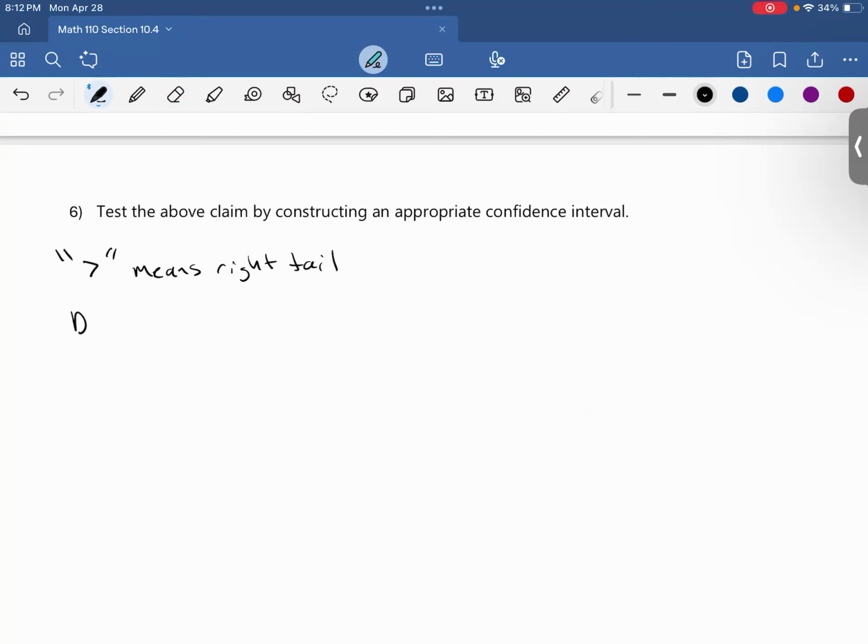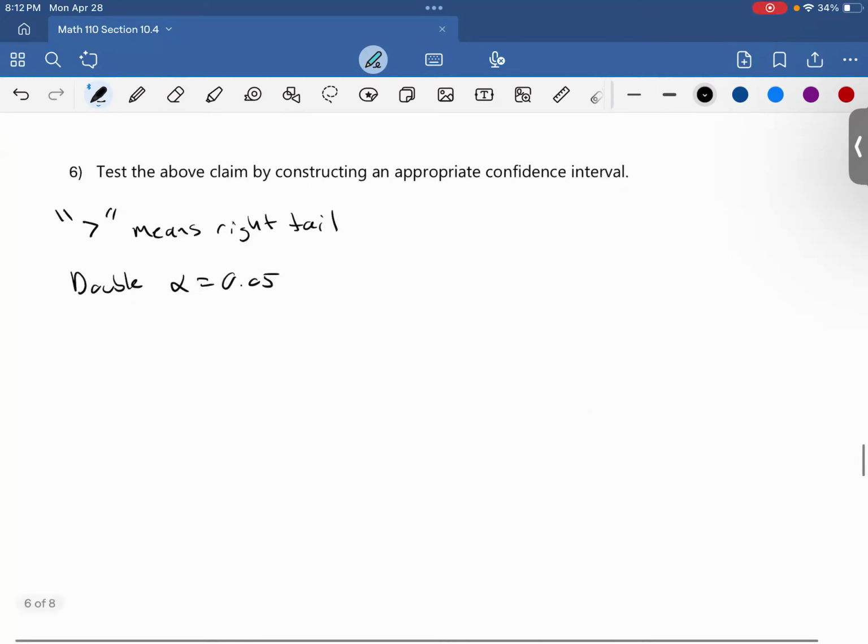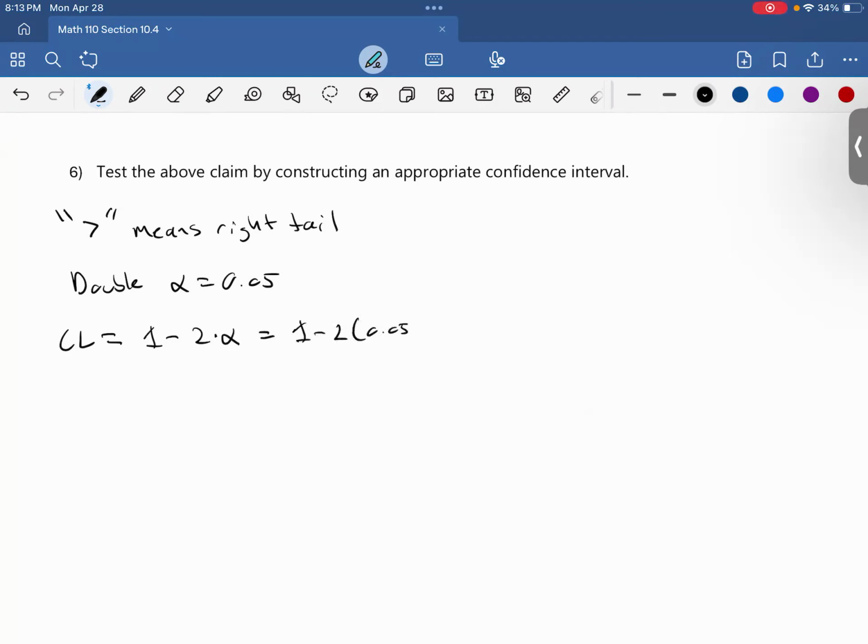So what we need to do is double alpha. To find the confidence level, this would be 1 minus 2 times alpha. So this would be 1 minus 2 times 0.05, which becomes 1 minus 0.10, which is then 0.90. And that's our confidence level.